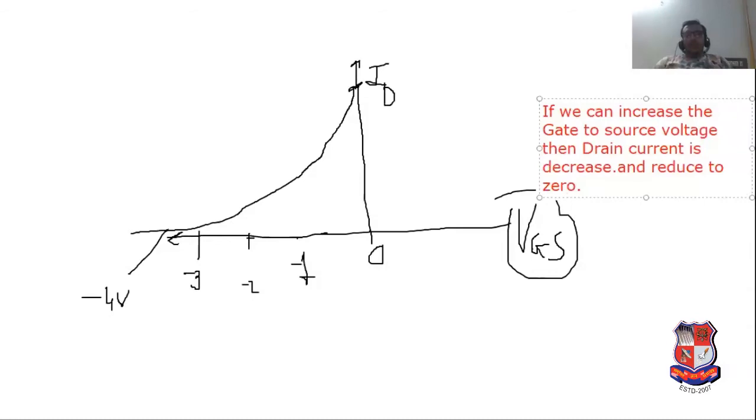So it is known as transfer characteristics. Remember that point. This is known as transfer characteristics, the plot between VGS and ID.